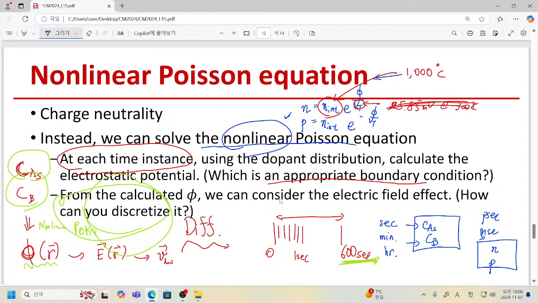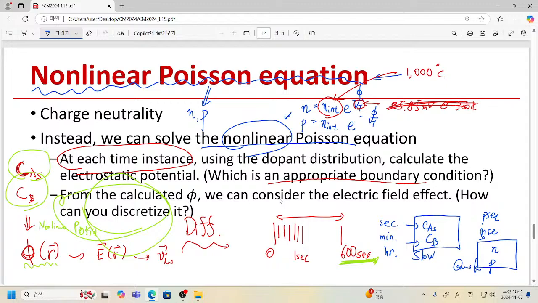Simply speaking, one is quite quick and the other is quite slow. So since this quick system is attached to the slow system, this quick system can be regarded as at equilibrium almost always. That's the reason why our nonlinear Poisson equation, the system equation for electrons and holes, can be regarded as at its equilibrium state.